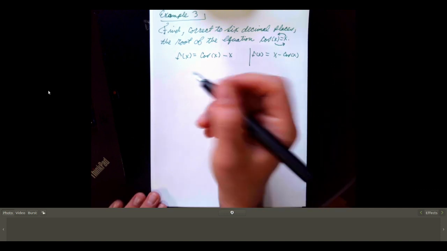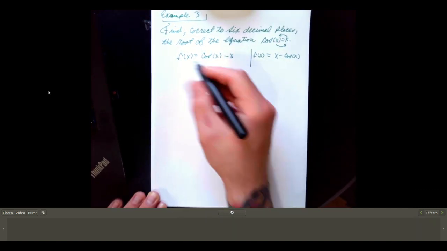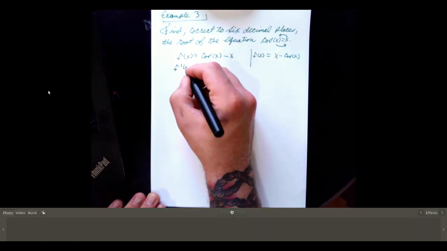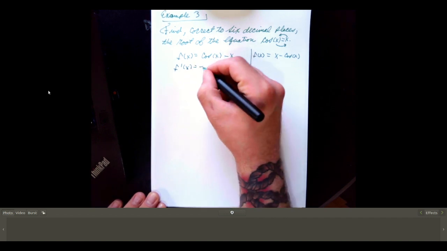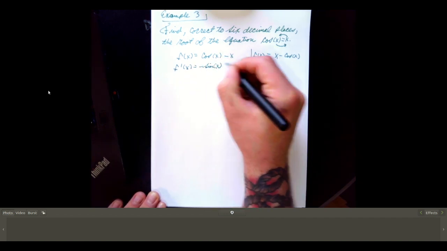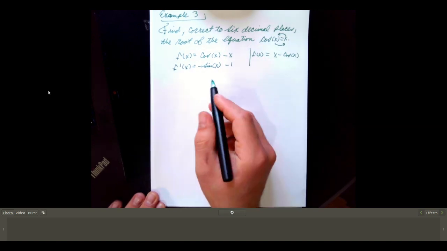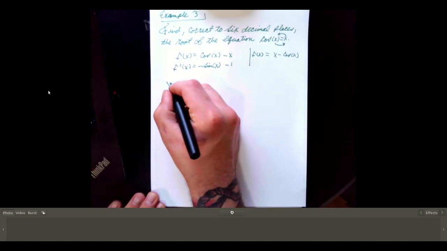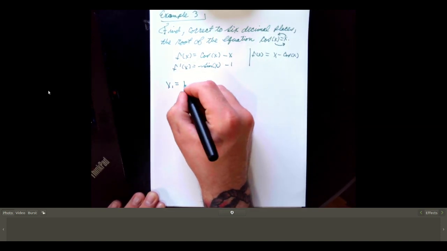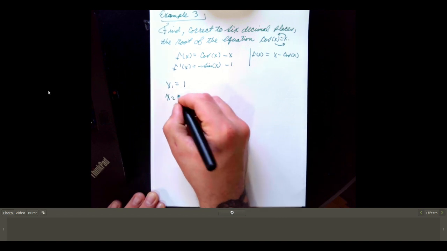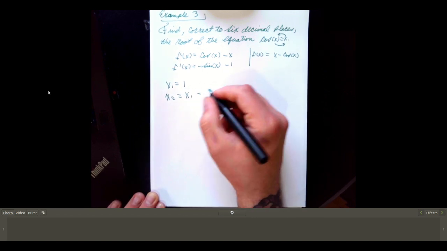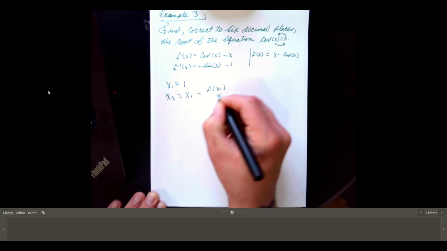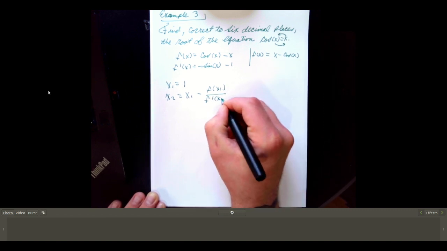Perfect. So first let's get f prime of x. f prime of x is equal to negative sine of x minus 1. If we take x1 to be equal to 1, we'd get x2 equal to x1 minus f of x1 divided by f prime of x1.